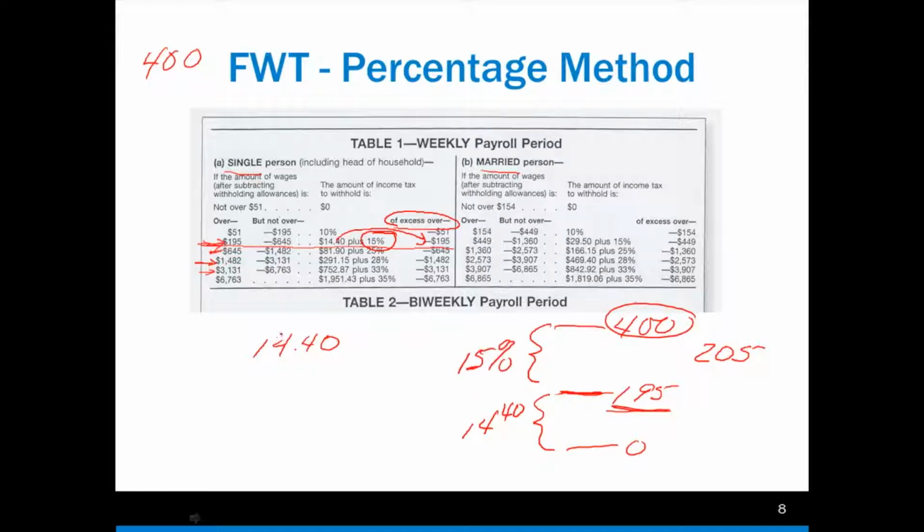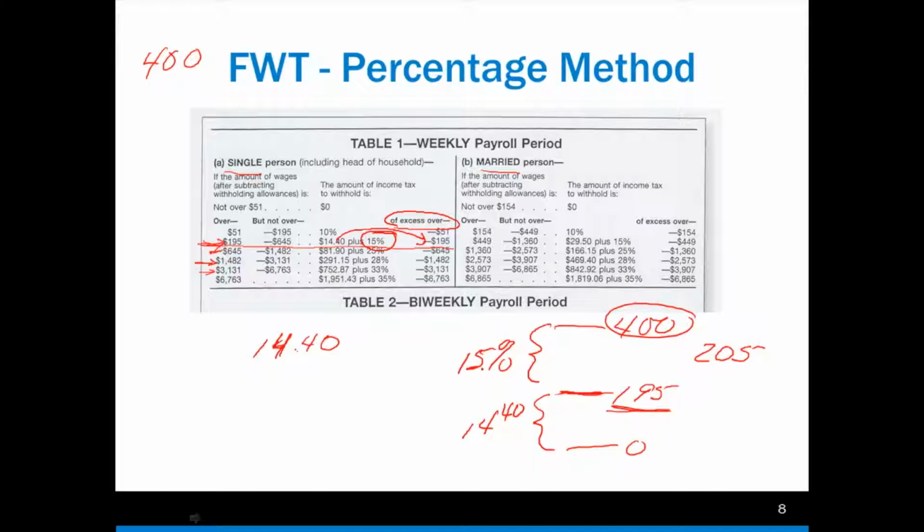So we start with the basis of 14.40 because that's up to the 195, but then we have to take 15% of this 205. 10% of 200 is 20, plus 5, so let's just say $25.